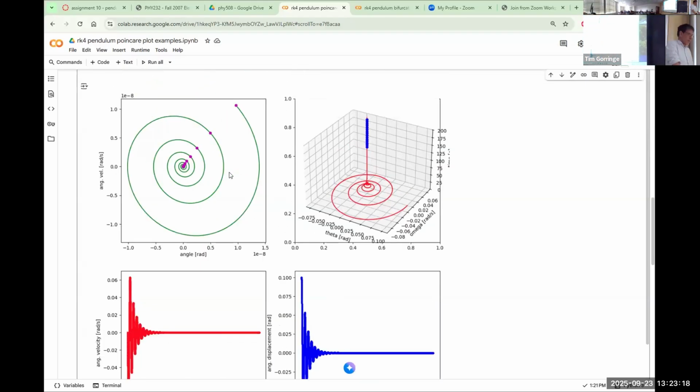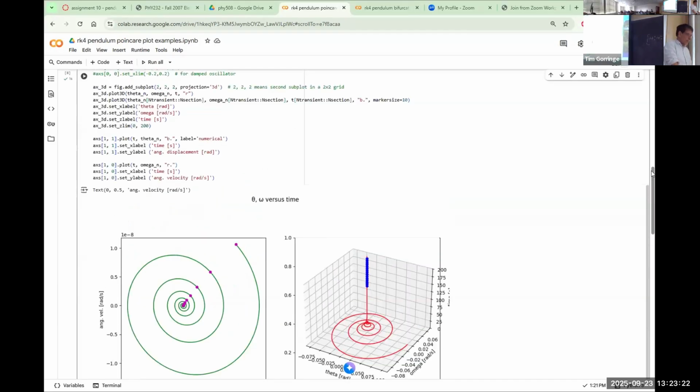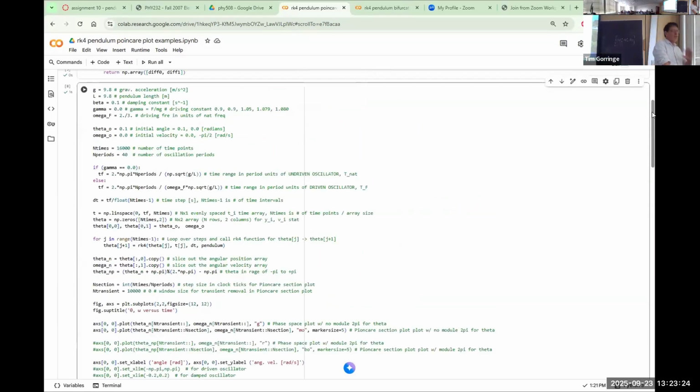Okay. In the notes, I show you critical damping. I also show you over damping. Let's get on to the case of a driving force and talk about the situation with different driving forces.